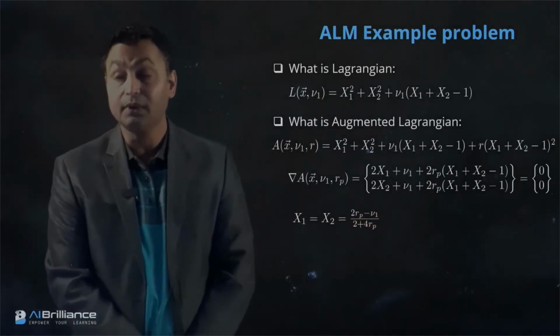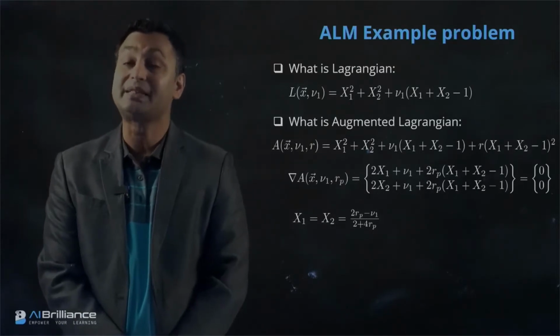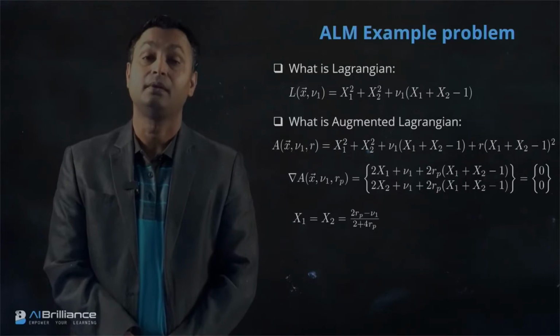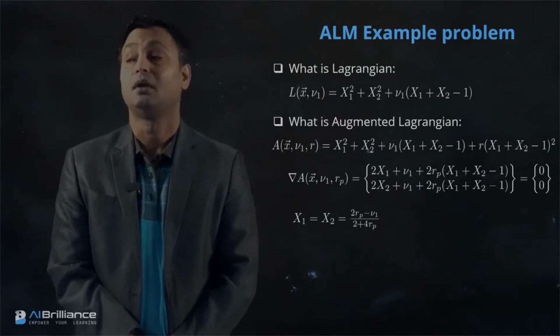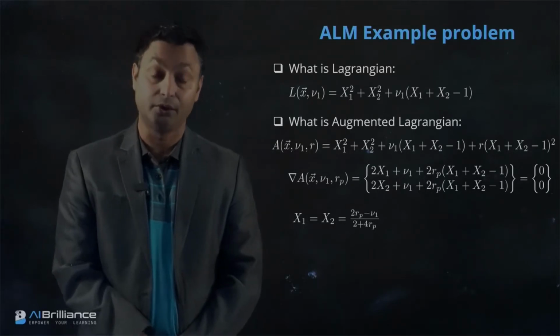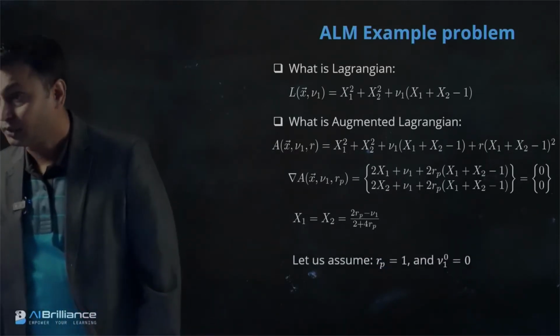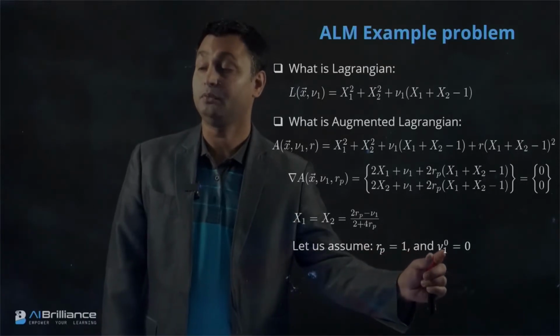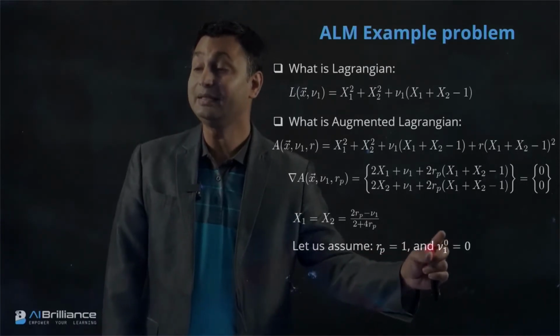Now we can assume some starting values. Looking at the overall steps of solving the problem, you have to assume some values of rp and nu. So we are going to assume rp equal to 1, and nu1, which is the only variable that we have, at iteration 0.